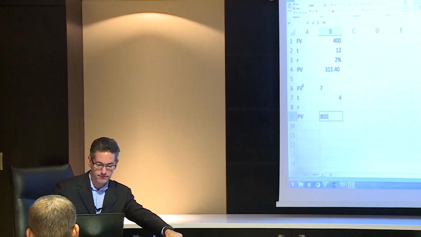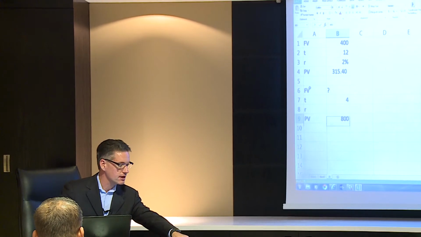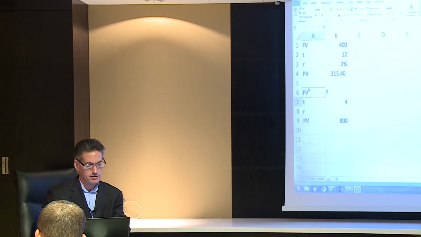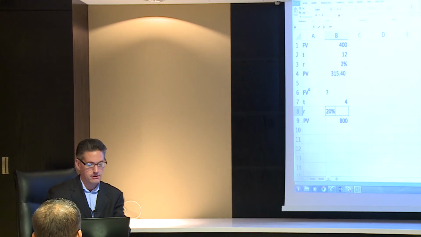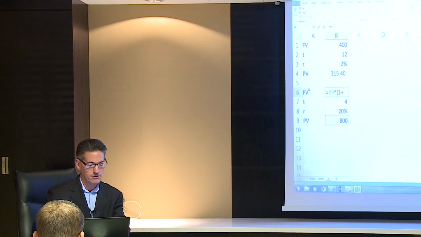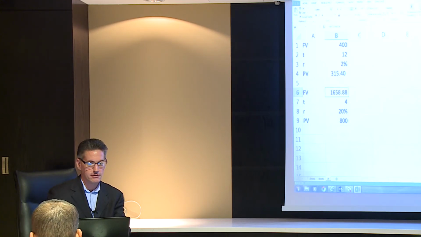R is going to be 20%. So we need future value, so take the present value times 1 plus R to the power of 4. 1658. Does that sound good?